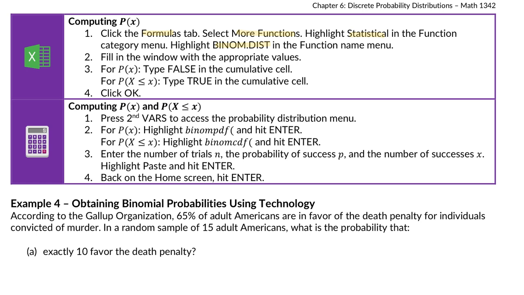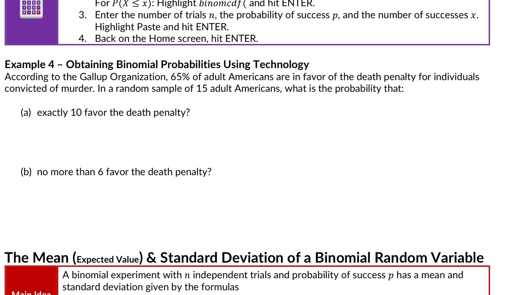The first actual question in example 4 says, what is the probability that exactly 10 favor the death penalty? So we can look at the row we made for 10 and find that number. The probability is 0.2123. And if you wonder what I'm writing down, because you're looking at my iPad, here's what I'm writing down.